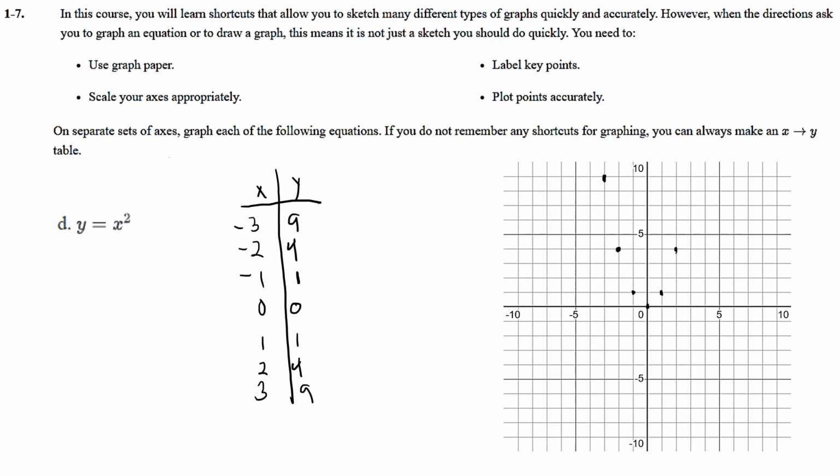And 3 squared is 9. So then I connect these dots. With these graphs, you curve through the lowest point. So you want to make a U. And again, just like the lines, you want to make sure that your arrows are outside the coordinate plane.